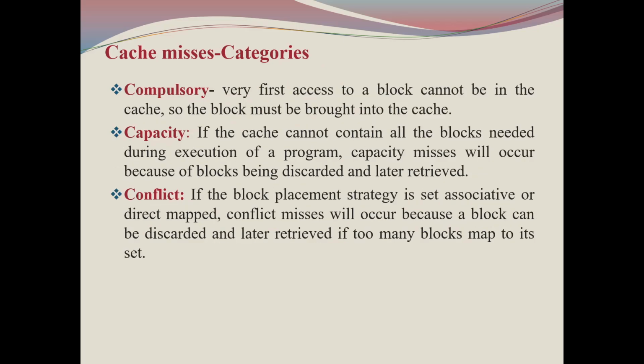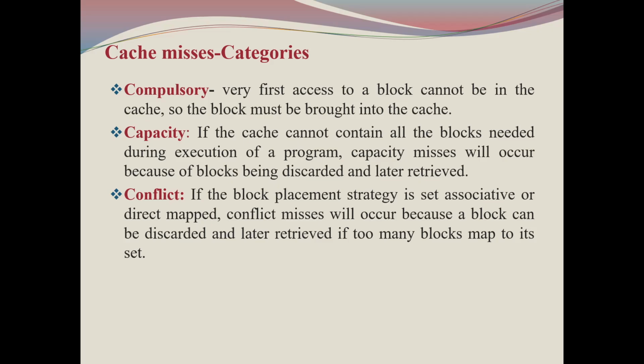Now we will discuss the different cache miss categories. Compulsory misses means the very first access to a block cannot be in the cache, so the block must be brought into the cache. This is called cold start misses.